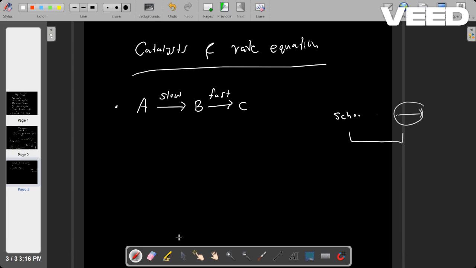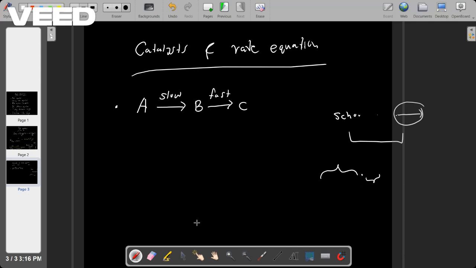Let's say the first one, you are going by bus slowly and then running. Always the slow one is rate determining. The whole rate of the reaction depends on the slow one. No matter how fast you do, whether it is earlier or later, we are talking about the overall. So overall rate means how fast A is becoming C, right?